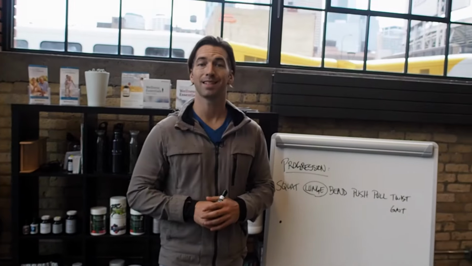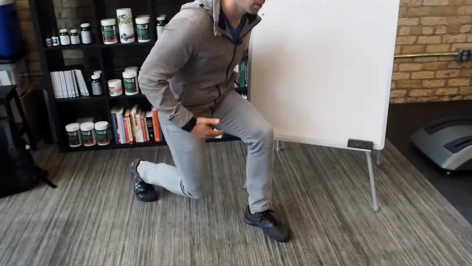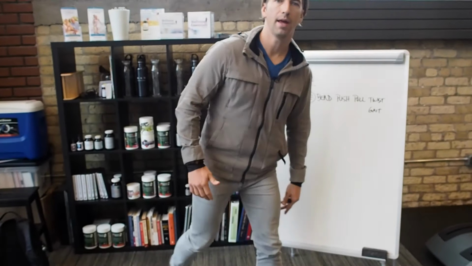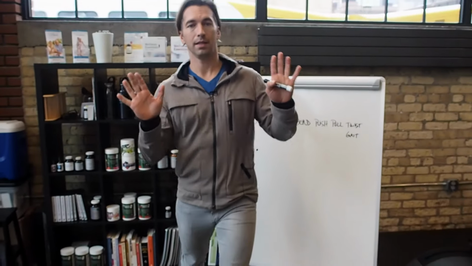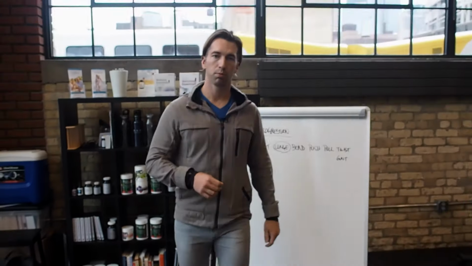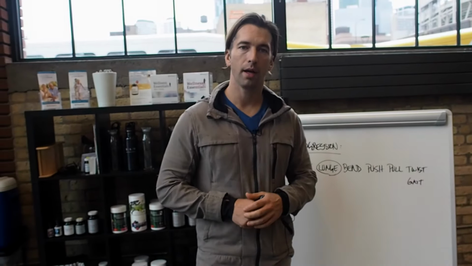Is my spine staying vertical, or as I go down, do I lose core stability and break at the hip? Does my knee cave in on the way down? Does my spine deviate laterally on the way down? Does my hip push out? Some basic coaching points or key indicators of what makes a lunge good or not so good, so we know what to work on with the client.